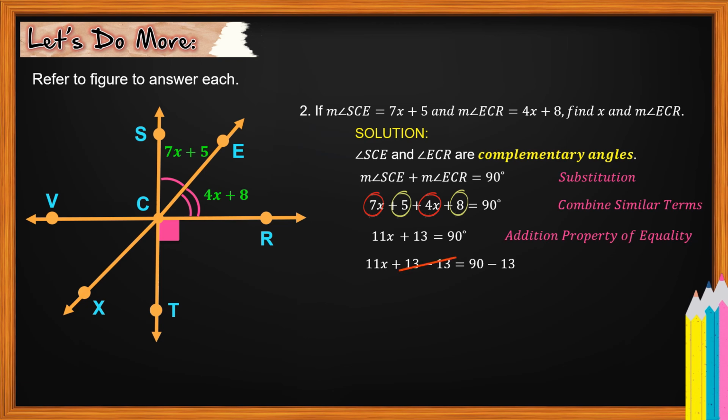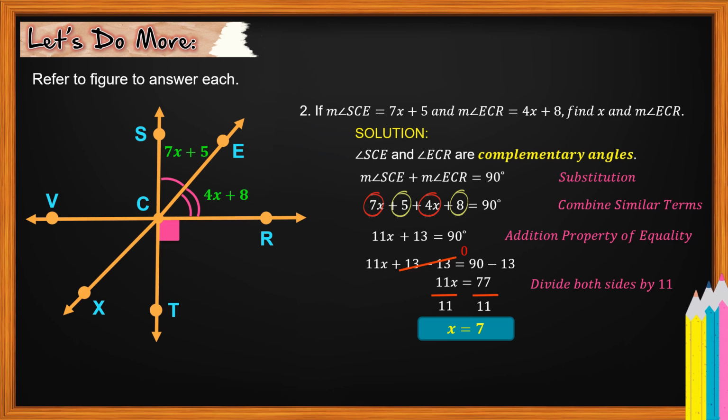So, we can eliminate 13 minus 13, that is equal to 0. So, we have the remaining 11x equals 90 minus 13, it gives us 77. Then, divide both sides by 11. So, 11x divided by 11 is equal to x. 77 divided by 11 is 7. So, the value of x is 7.